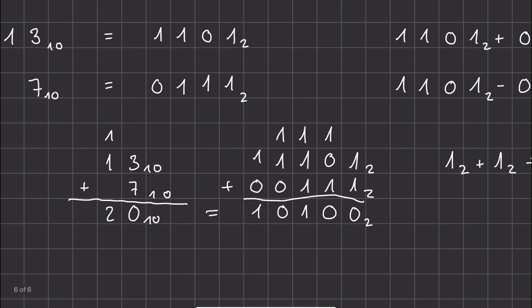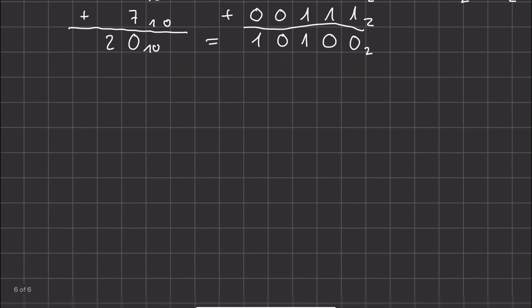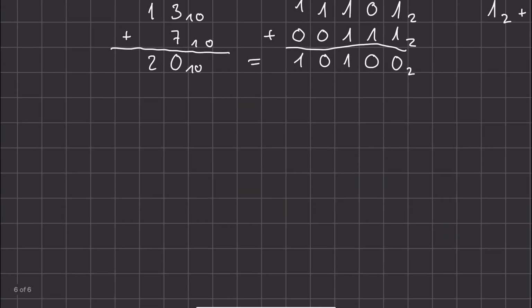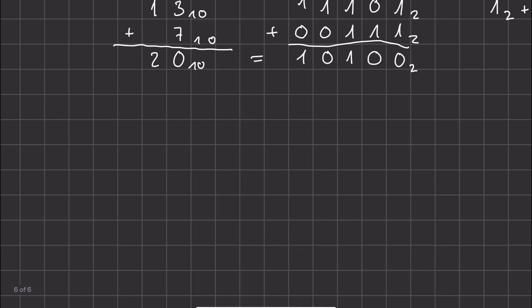Now, moving on to our subtraction, we're gonna do the same as with decimal numbers. So first with decimal numbers, here 13 minus our 7. If you're familiar with subtractions, you'll know that what we do is we'll try to subtract 7 from 3, but notice that 3 is smaller than 7, so we'll need to borrow this one here for a 3.